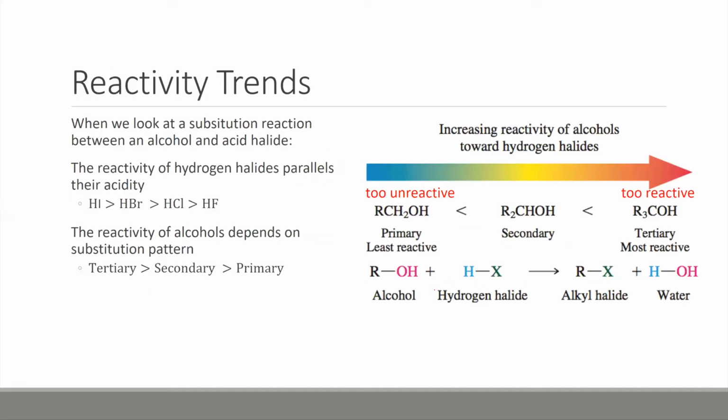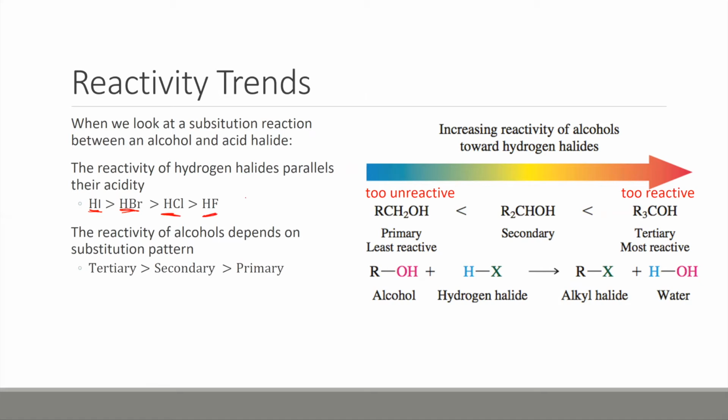So for this particular reaction, when we look at a substitution reaction between an alcohol and an acid halide, the reactivity of the acid halide, the hydrogen halide, parallels their acidity. So hydrogen iodide is more reactive than hydrogen bromide, which is more reactive than hydrogen chloride, which is more reactive than hydrogen fluoride.